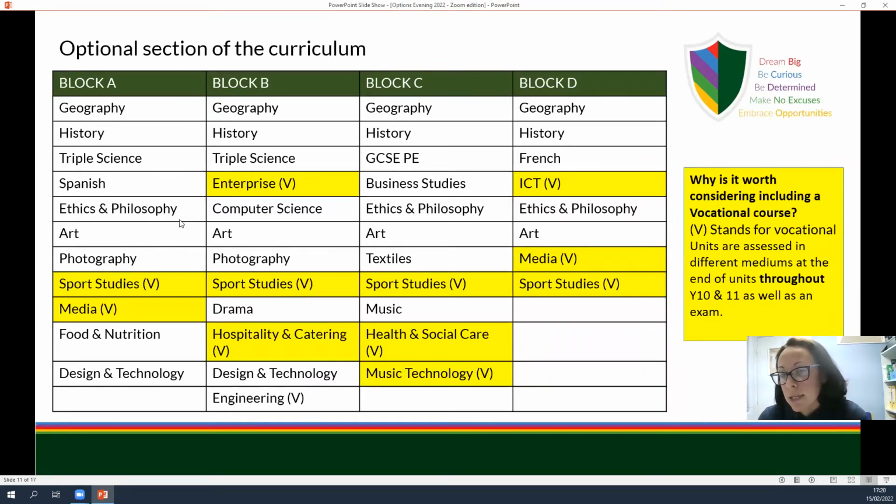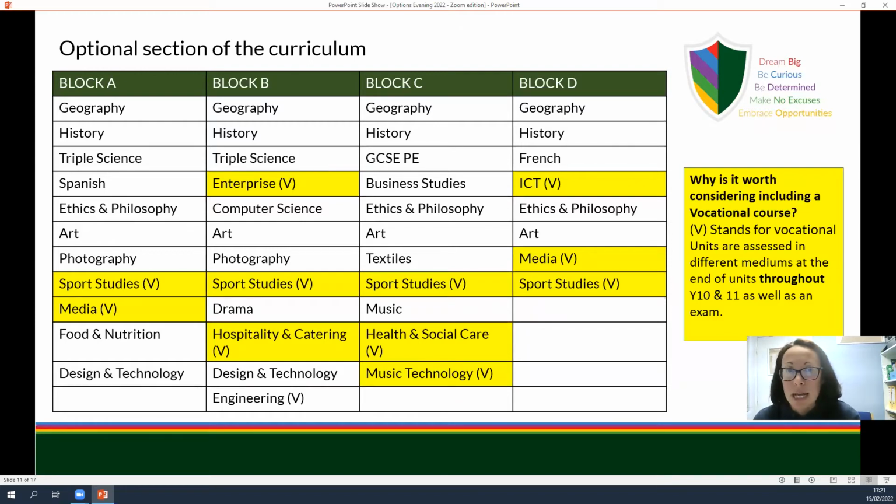Sometimes in the past, I'll have parents say to me, "Oh, is a BTEC or is a Cambridge National really worth the same as a GCSE?" Well, yes, it is. There was a report done by, it's called the Wolf Report, where they looked at all of the quality of the BTECs and the vocational courses, and they pulled them apart.